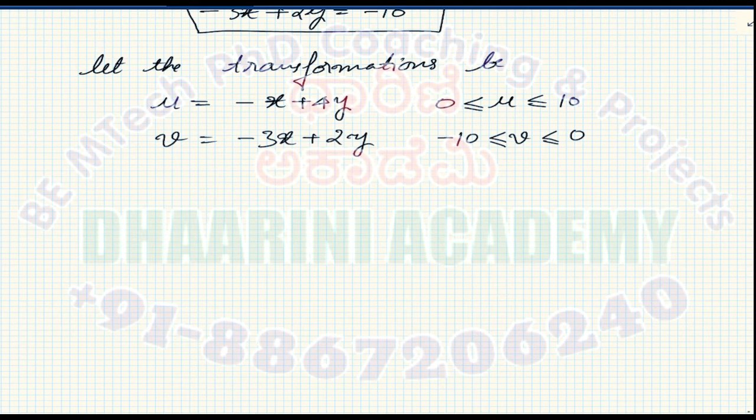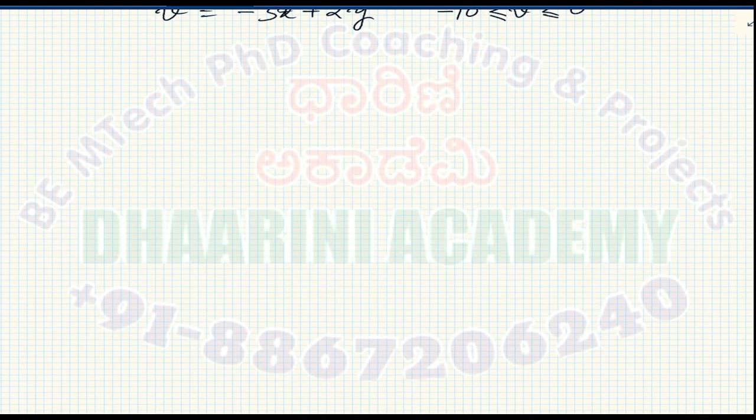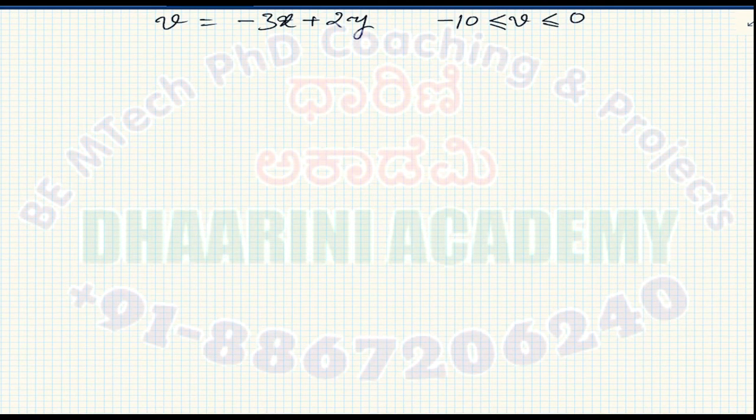All right. Now, this is the next step. Once this is done, I want to get my x and y in terms of u and v. So we need to solve them simultaneously to get the answer.